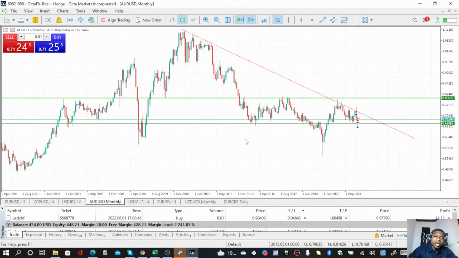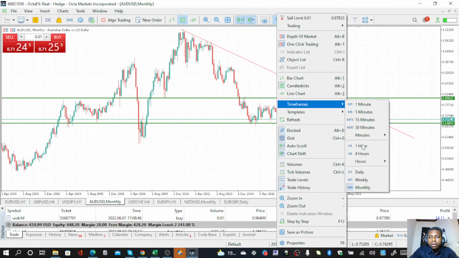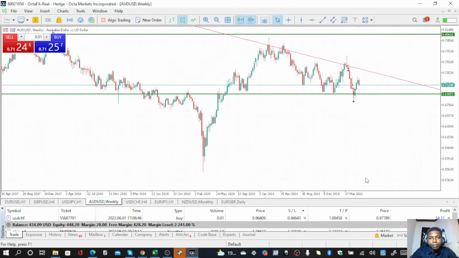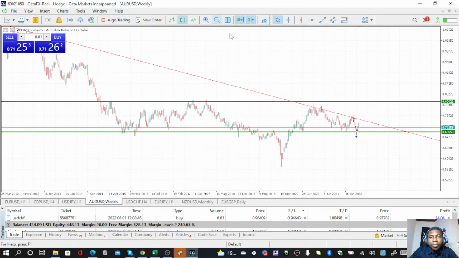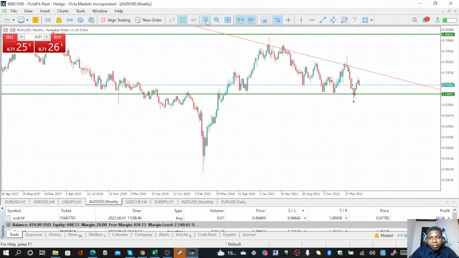However, let's look at the opportunities available in the other time frames: the weekly, the daily, and the hourly. We are on the monthly time frame now, so let's go down to the weekly time frame. This is the weekly time frame.